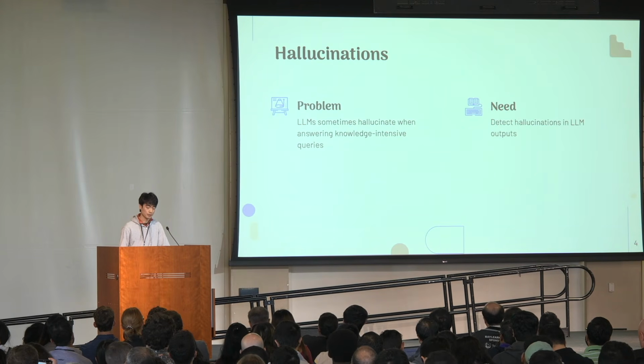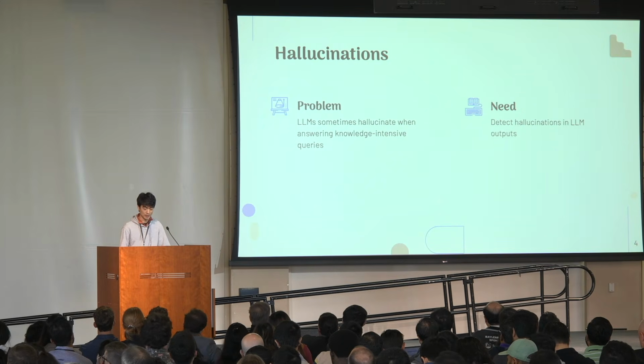Given the definition, it is a well-known problem that LLMs can hallucinate, and this is especially true when using LLMs to answer factual, knowledge-intensive questions. Thus, there is a need to find out where they hallucinate.